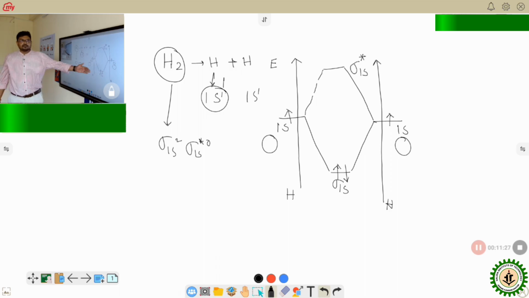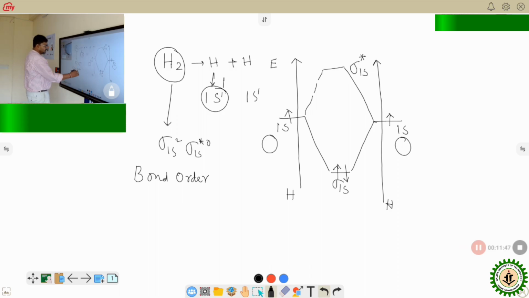Now, what are the things we can predict from this molecular orbital diagram? First of all, the bond order. That means how these two hydrogen atoms are connected with each other. So, how to calculate the bond order?